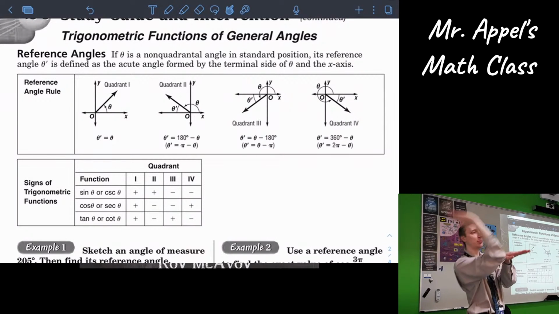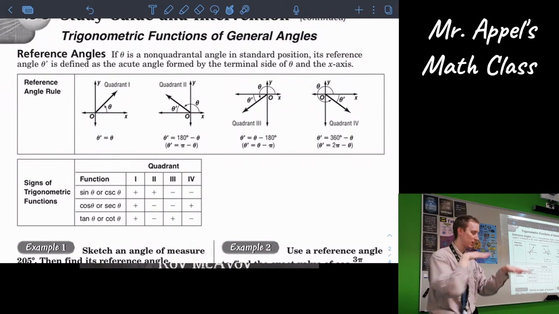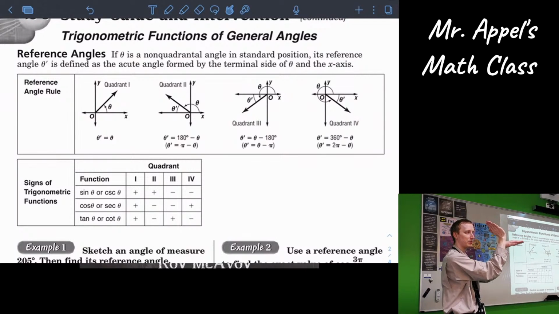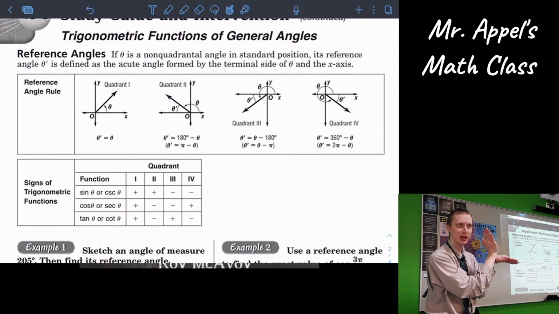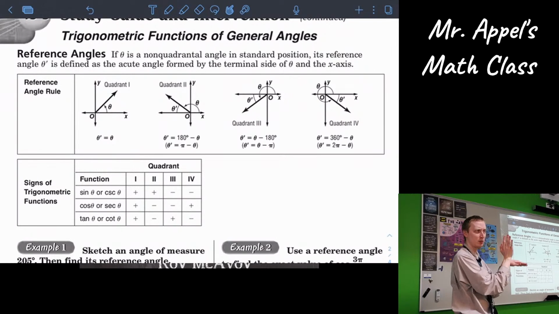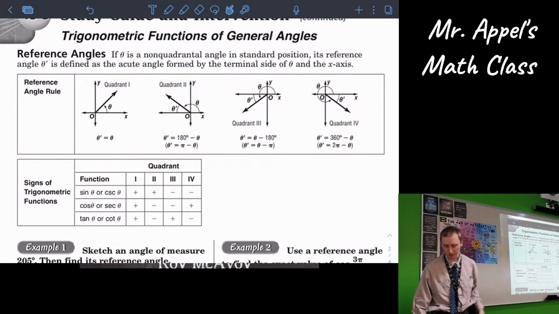Even if it went all the way up and around, start at standard position, up over here. I don't want this gigantic angle that's more than 90. We can't have an angle more than 90 inside of our right triangle. So we want this angle, right? Find your reference angle. Covered.